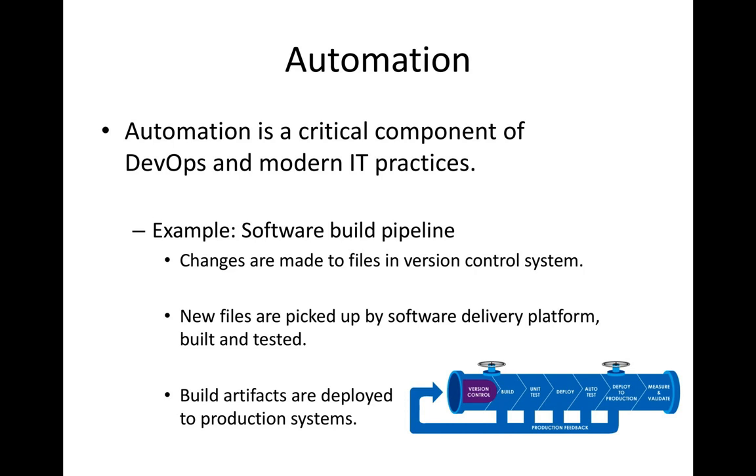And these build artifacts may be deployed to production systems. We'll learn later on this semester how to build a software build pipeline using the Jenkins CI/CD system. This is just a very common application of automation within a modern IT organization.